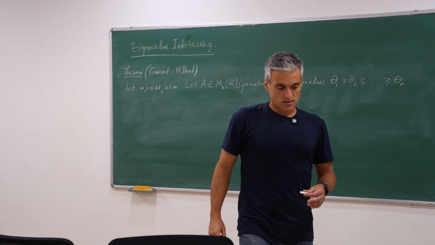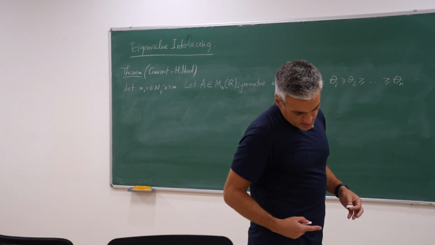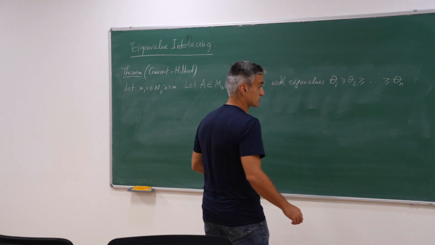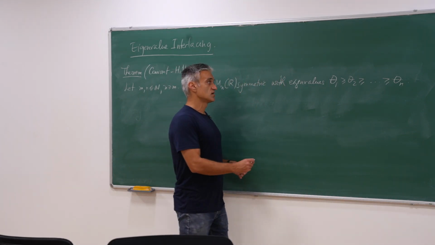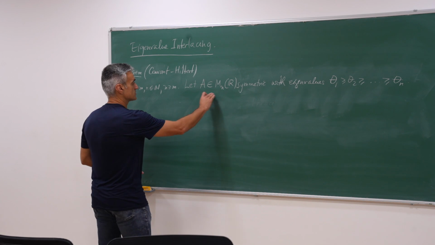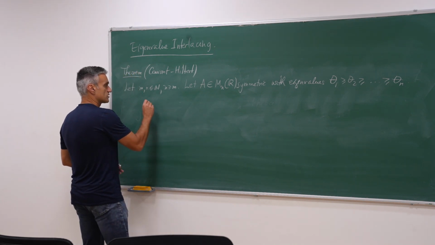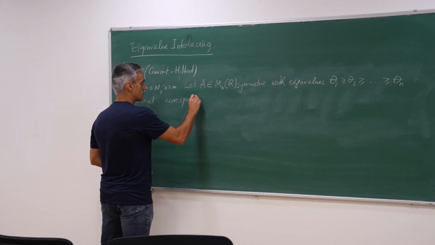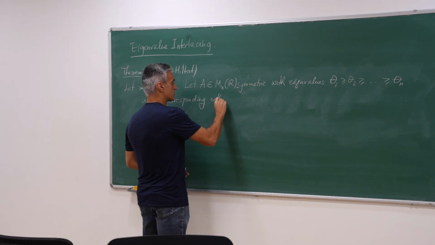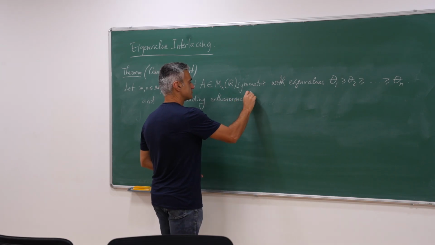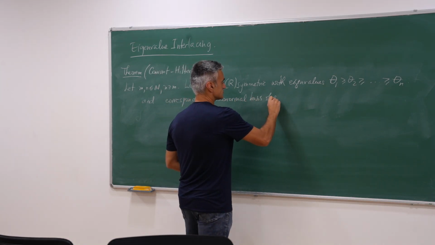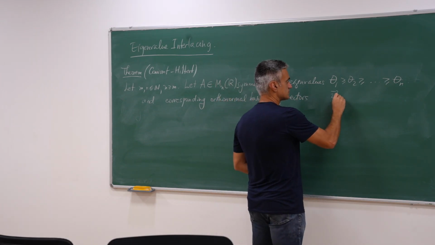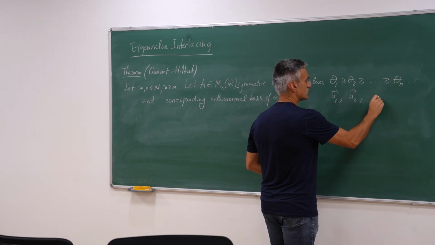And we'll need an orthonormal basis of eigenvectors, so I will write it here. This matrix has eigenvalues and corresponding orthonormal basis of eigenvectors u1, u2, up to un.